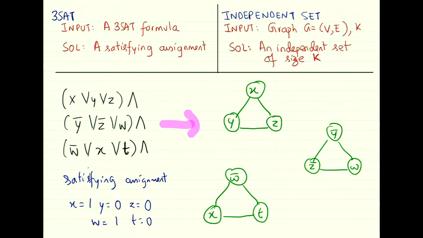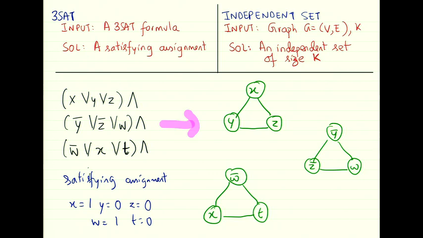Some satisfying assignment. What's happening is a satisfying assignment picks up at least one vertex at every clause. In every clause, one of the three variables will be 1, right? So in x or y or z, x is 1. In not y or not z or w, not y is 1, not z is 1, and so on.